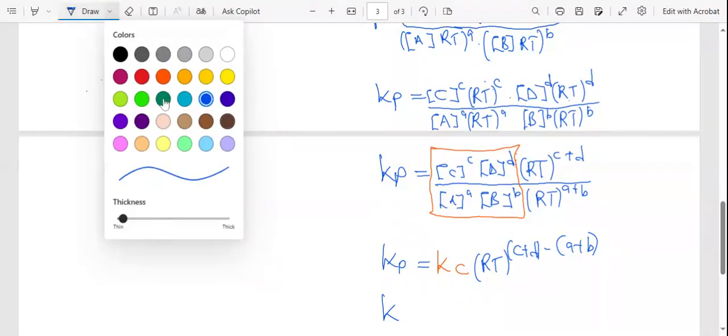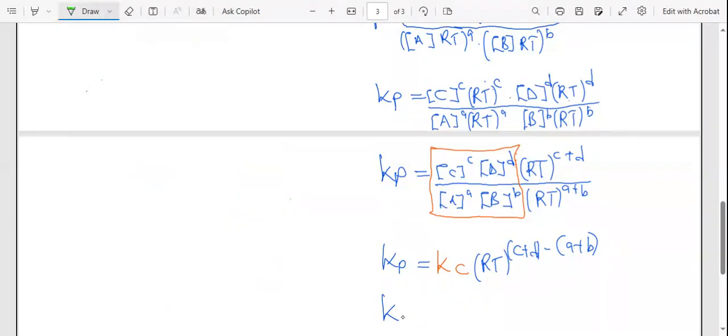Finally, Kp is equal to Kc, then RT to the power change in moles. That's just the change in moles, hence derived. So that's how you can derive it.